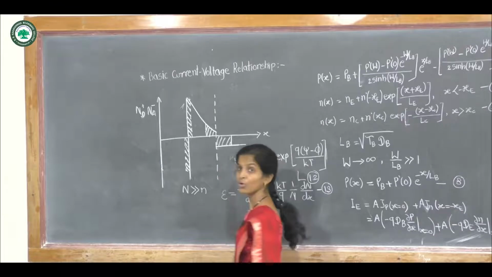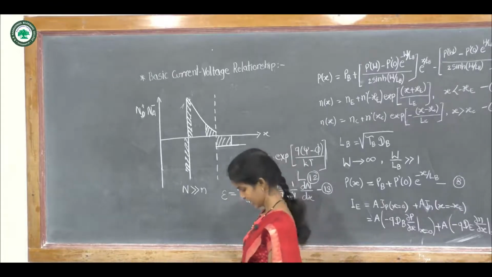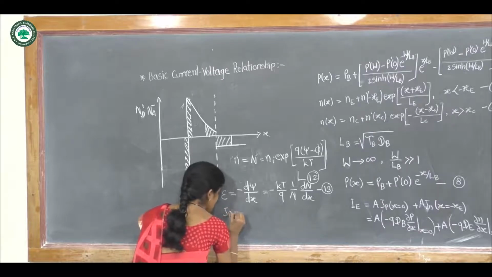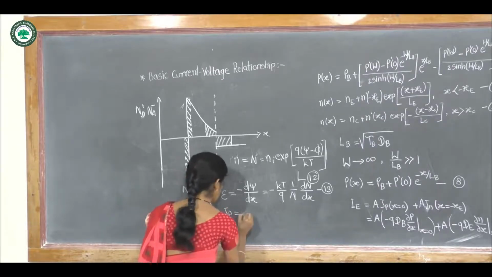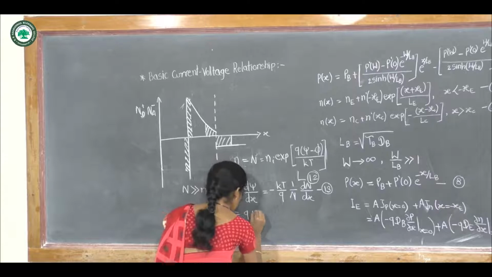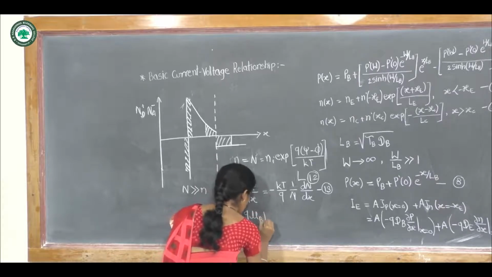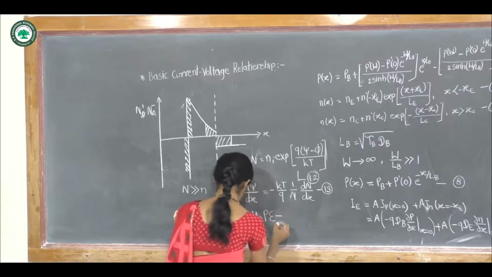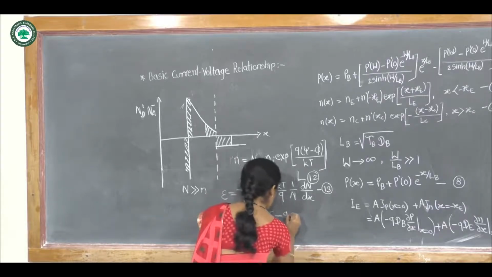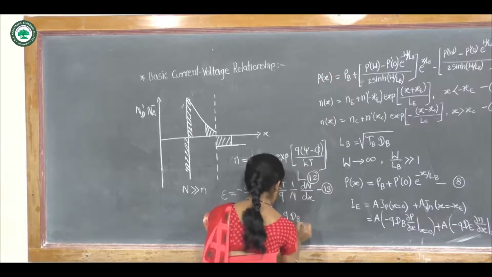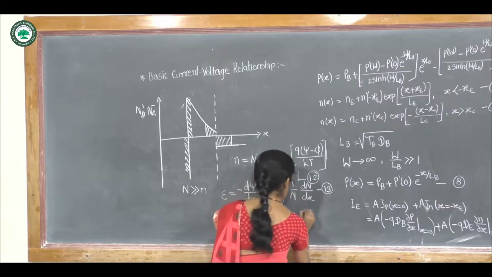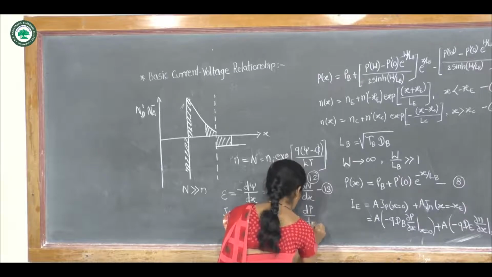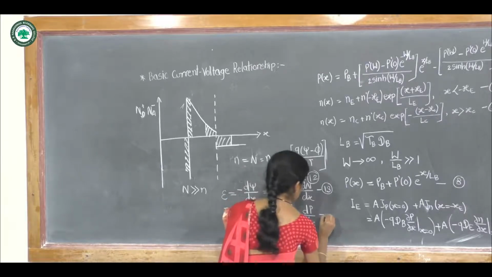And the hole current density Jp is given by Jp is equal to Q into mu_p into P into epsilon minus Q into D_p into dP by dx. So this is equation number 14.